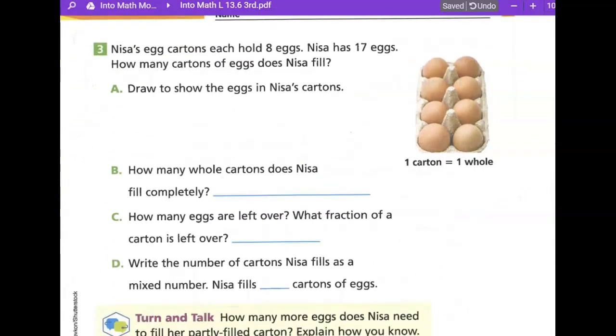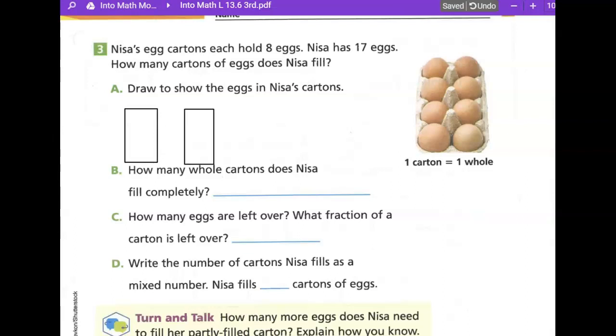Nisa's egg carton holds 8 eggs. Nisa has 17 eggs. How many cartons of eggs does Nisa fill? Cartons hold 8 eggs, and she has 17 eggs. So let's draw some cartons that are going to hold 8 eggs. So I'm going to draw some rectangles because those are kind of like egg cartons.